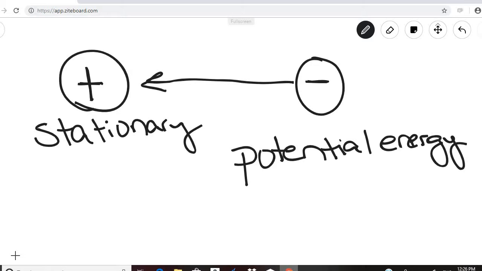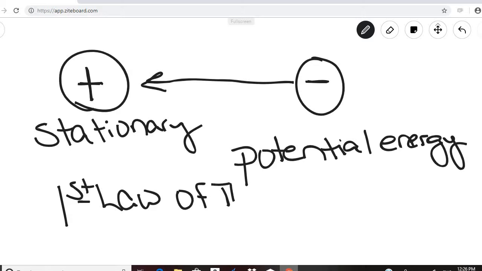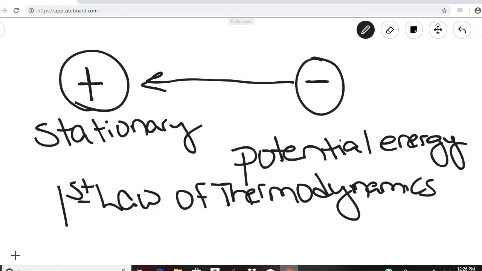We know then that because of the first law of thermodynamics, energy cannot be created or destroyed. It can only be changed from one form to another. So when these charges went from being at rest to being attracted to each other, so that this negative charge moves toward the positive charge, what happened?